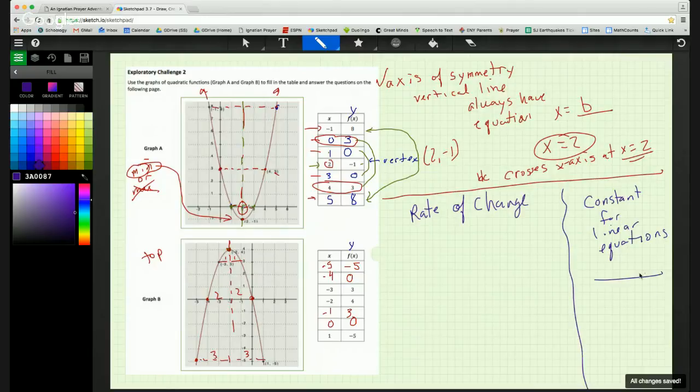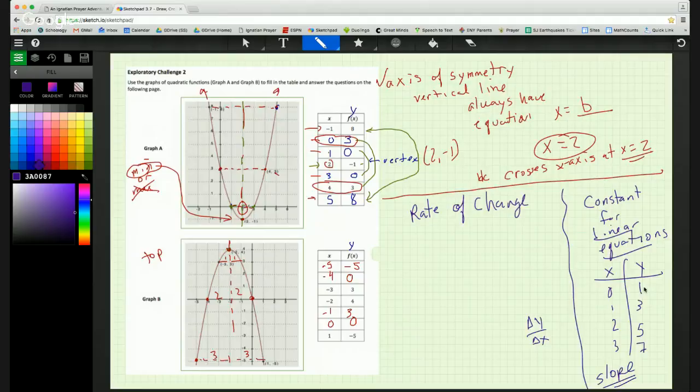So we would have an x and a y, and we'd have x is 0, y is 1, x is 1, we'll just do this, 3, and this would go 3, 5, 7. And the rate of change for a linear equation was also called the slope. So we would find delta y over delta x, and we could take any 2 points.